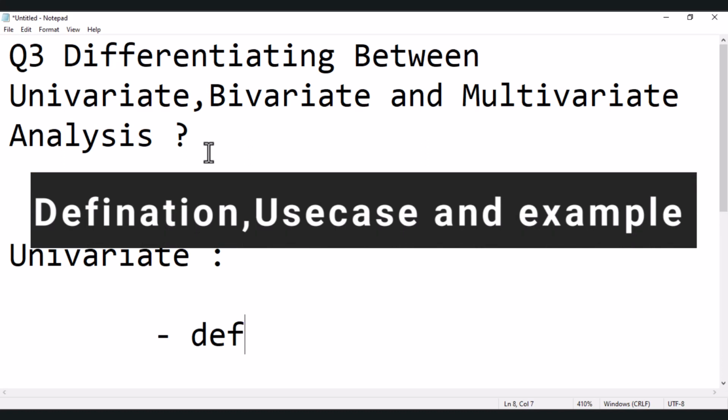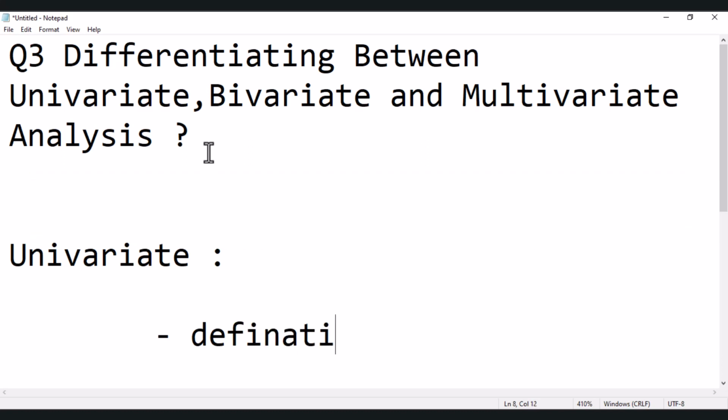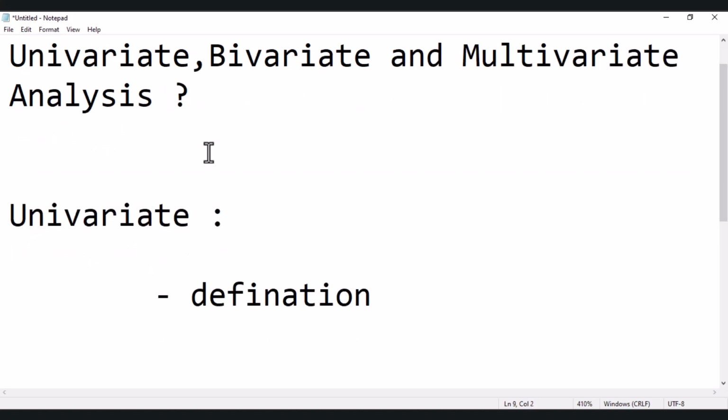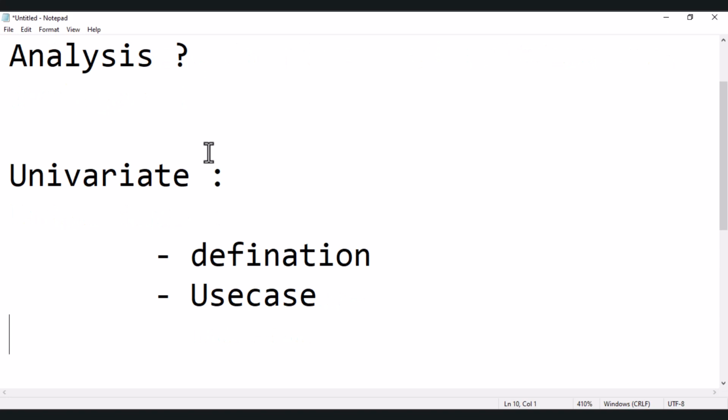Definition, then use case, then the example. I hope this gives you clarity. The same thing you have to do for bivariate and the same for multivariate.